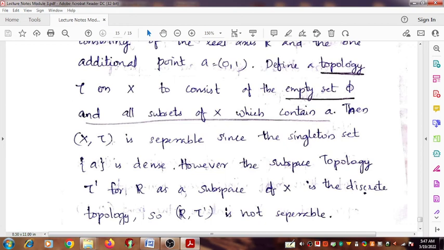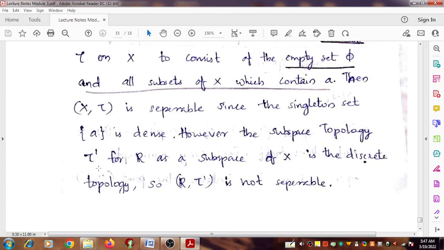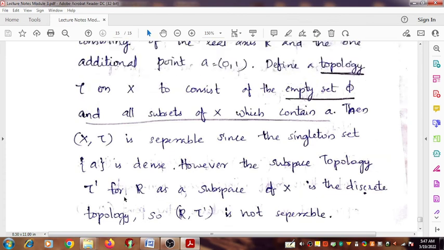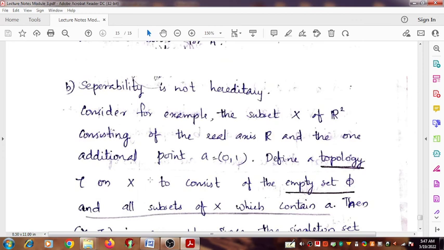But we also consider the subspace topology, top prime, for R when that subset is treated as a subspace. The subspace topology of the subspace is the discrete topology. Here X is taken as a subset of R2; the original space is R2 and X is the subset.